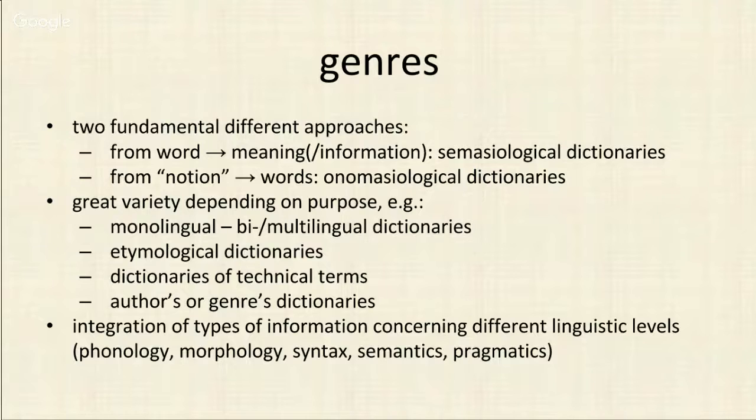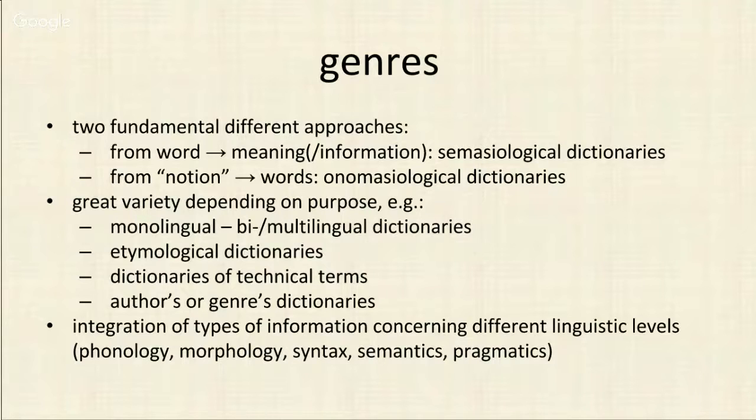But in any case, we have dictionaries that start from notions and go to words, giving us words to express this notion. These dictionaries have different names. One of these names is onomasiological dictionaries. There is a huge variety depending on the purpose of the dictionary. We have, for example, monolingual and bilingual or multilingual dictionaries. We have dictionaries that focus on the etymology of words.